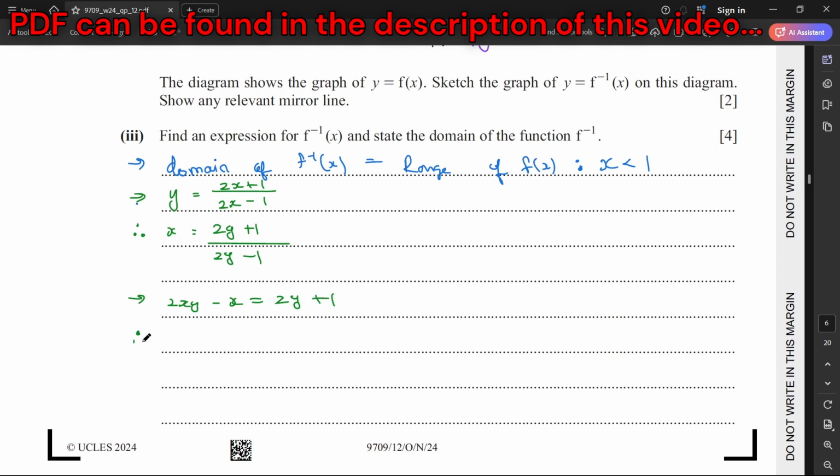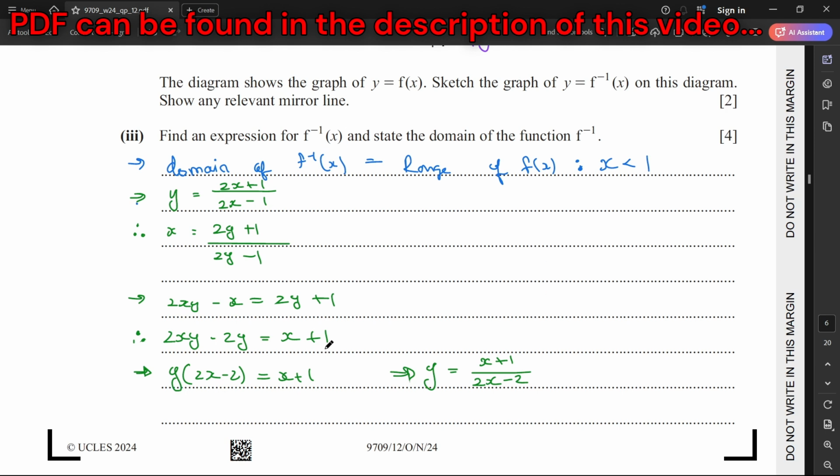I'll take all the y terms on the left hand side, so this will become 2xy minus 2y is equal to x plus 1. Now if I take y as a common factor, then y times 2x minus 2 is equal to x plus 1. And yes, I got y is equal to x plus 1 divided by 2x minus 2.